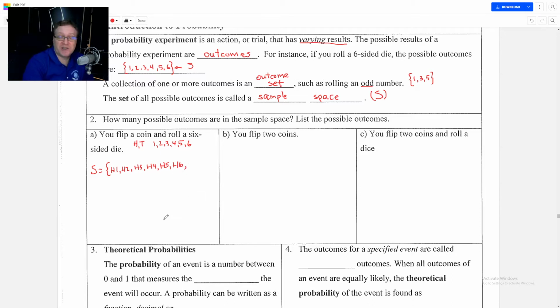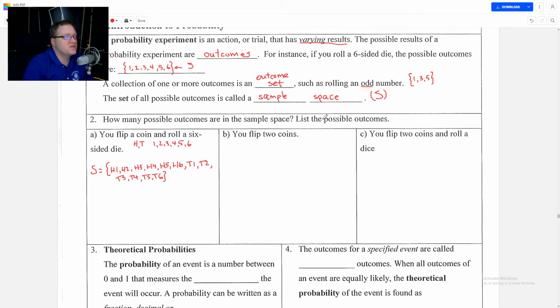But we could also get tails on the coin. So we could get tails and a 1, or tails and a 2, tails, 3, tails, 4, tails, 5, tails, 6. And this would be all of the possible outcomes if we flip a coin and roll a die. We could get heads 1, heads 2, heads 3, and so on.